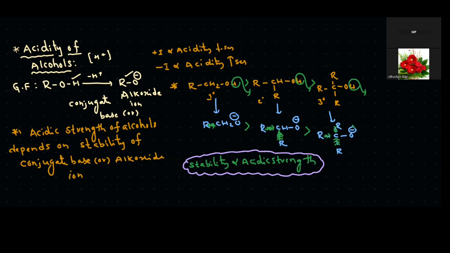First case, A: CH3OH, methyl alcohol. Second one, CH3CH2OH, ethyl alcohol.